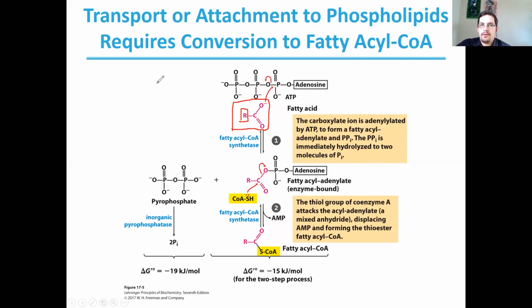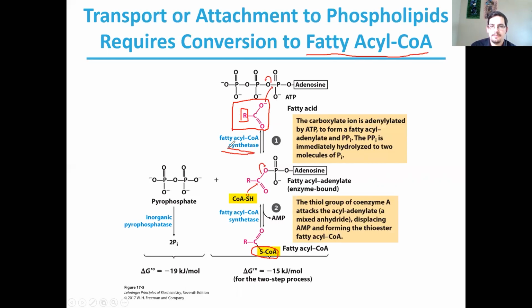In order to convert the fatty acids to acetyl-CoA, the first thing we have to do is make a fatty acyl-CoA. So we're going to take our fatty acid and attach our CoA, coenzyme A, to make this fatty acyl-CoA. So that's going to occur through these 2 main steps here.